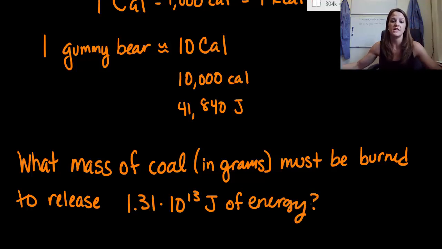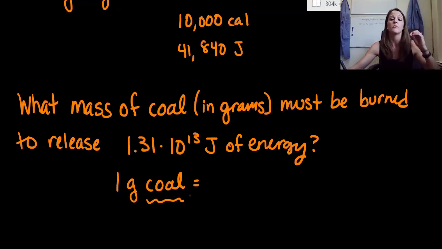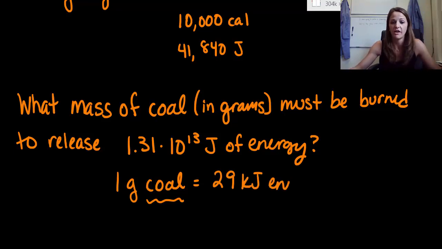But in order to do this, I need to give you one quick conversion. We're going to tell you that 1 gram of coal, and so we have to be specific because it's going to matter on what fuel source, but 1 gram of coal in general, on average, can release around 29 kilojoules of energy. All right. Try that problem.